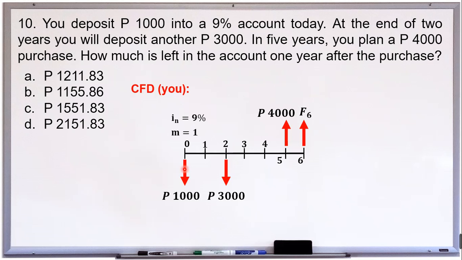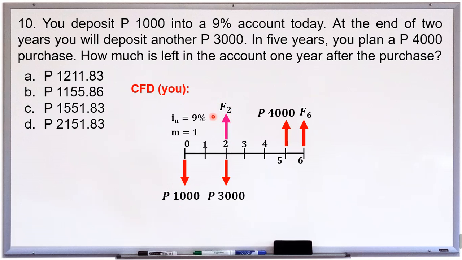Okay, so let's go back to our discussion on these figures. So again, we are going to solve the future worth of this 1,000 after 2 years. That would be your F2.